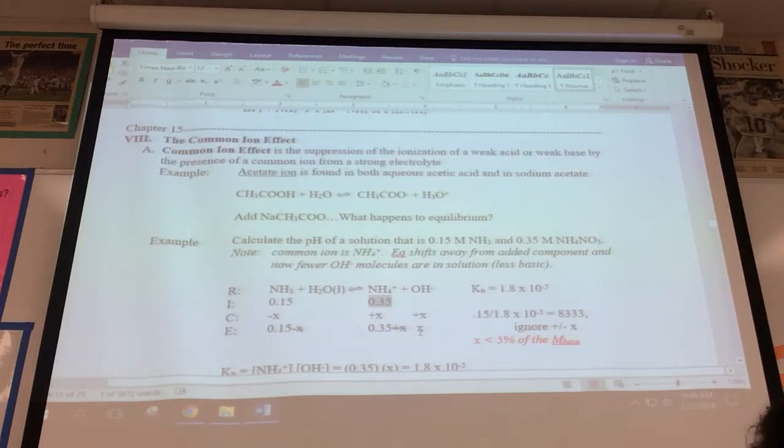How did I get that? Well, this is given. So is that concentration the same thing as the ammonium ion concentration? Yes, because it's going to ionize one-to-one. And that's where some of you are confused. So now for the first time, you have some ammonium ion.